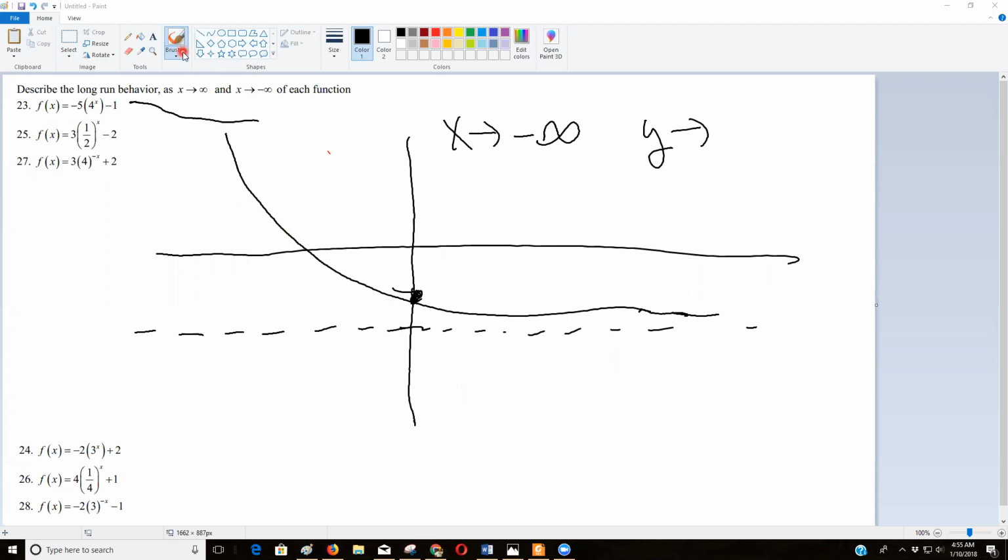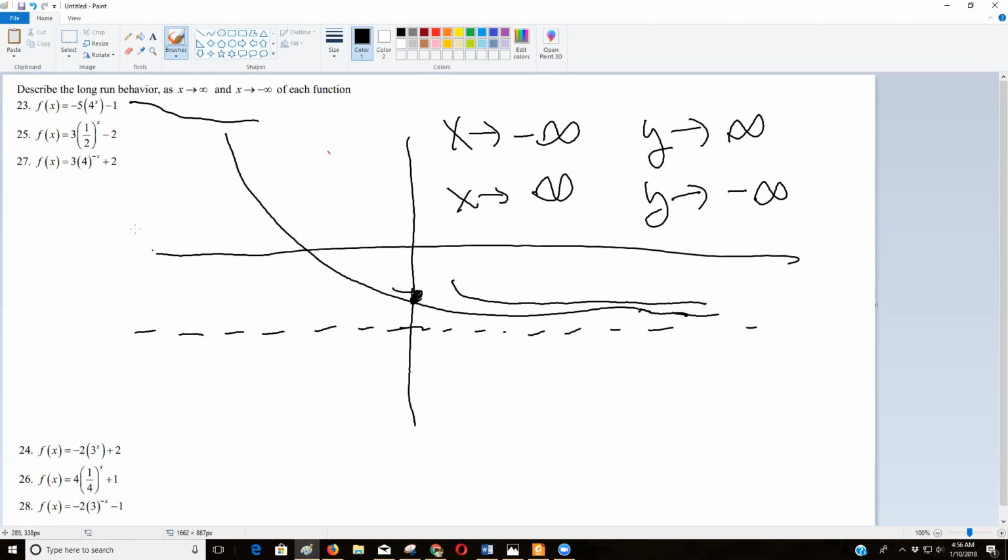So y approaches positive infinity. And as x approaches positive infinity, this graph is getting closer and closer to the horizontal asymptote of y equals -2. So y is approaching -2.